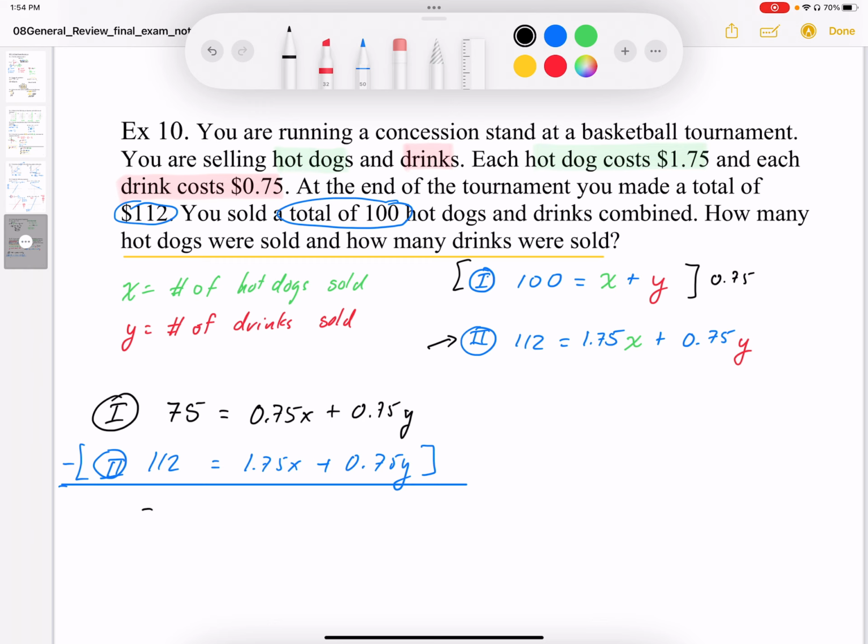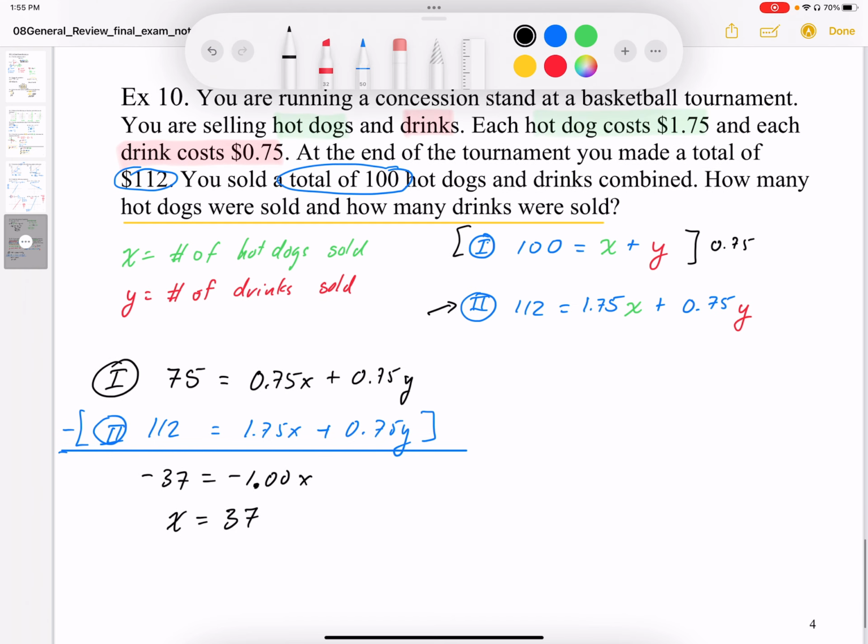That's going to be negative $37. This is going to be negative 1.00x. The y's cancel out. So x, when I solve for this, 37 divided by 1.0, that's just going to be positive 37. So we have 37 hot dogs sold.